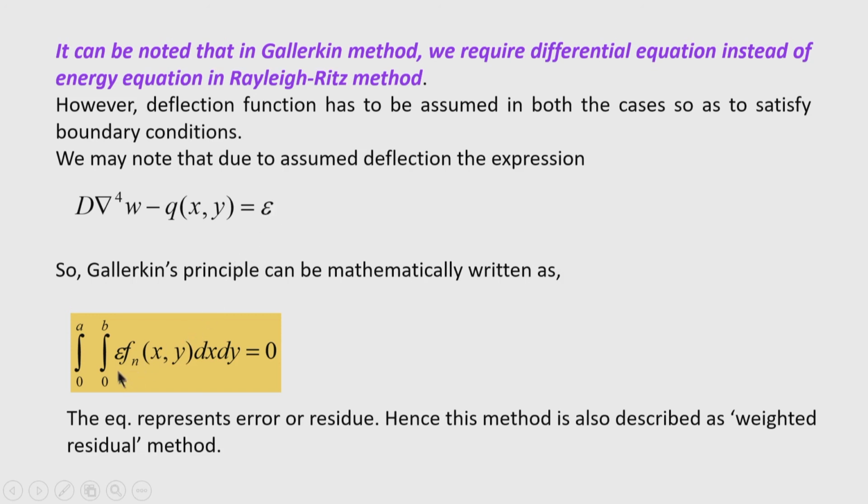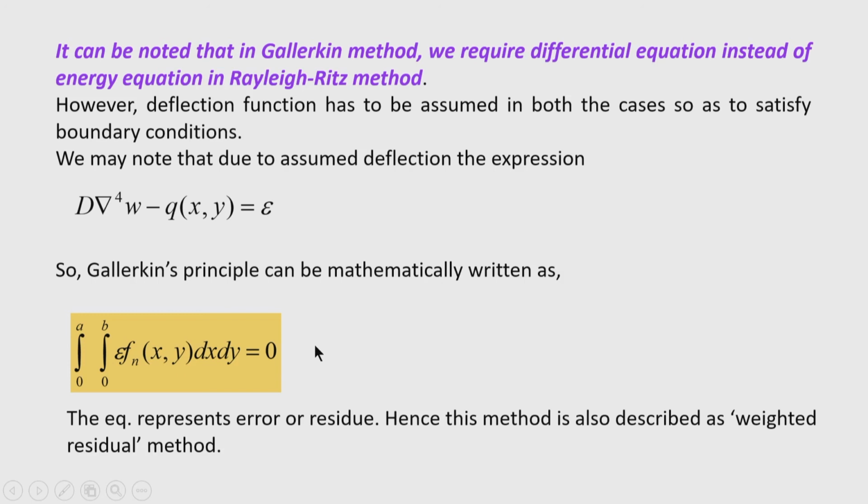This error multiplied by the assumed function and integrated over the domain of the plate, equated to 0, will give the Galerkin equation, which can be solved to find the unknown values of the constants that are used to form the deflected surface.